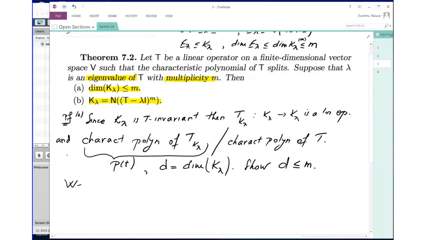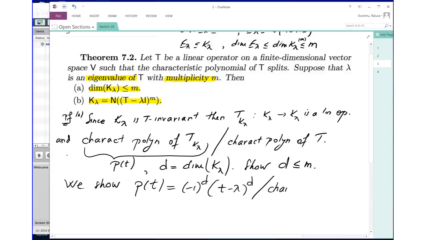What we show is this. We show that the characteristic polynomial of the restriction looks like this. It is exactly this one, -1 to the power d times t minus lambda to the power d. This is it. That will be the characteristic polynomial of the restriction.